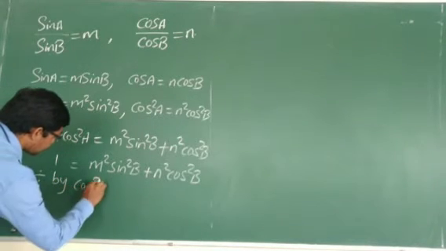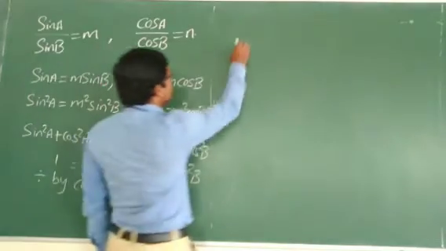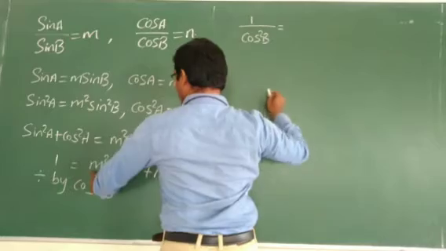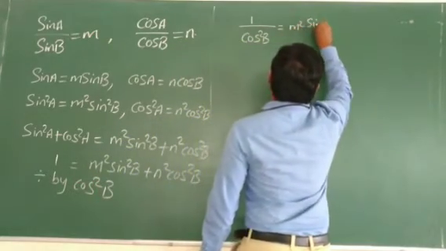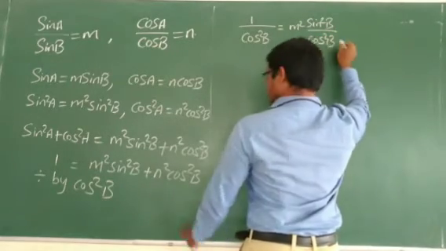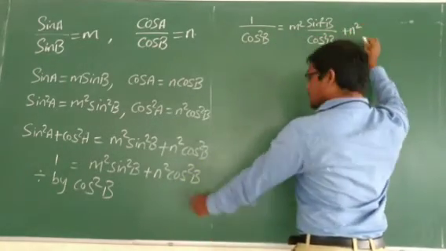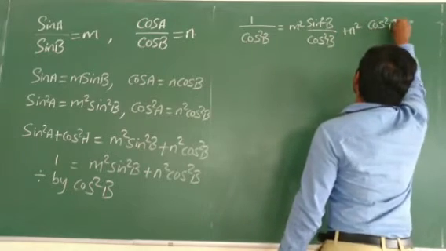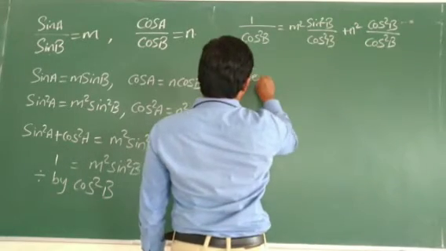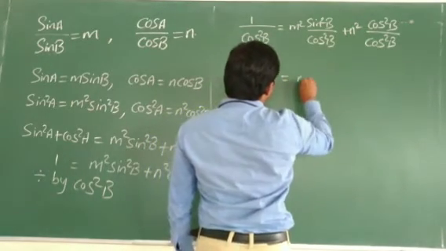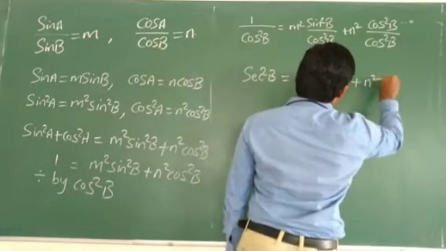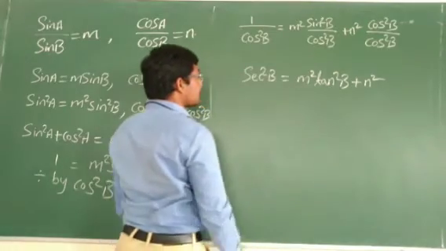If we divide by cos square B, we get 1 by cos square B equal to m square into sin square B by cos square B plus n square cos square B by cos square B. So this can be written as secant square B equal to m square tan square B plus n square. Cos square B is cancelled.